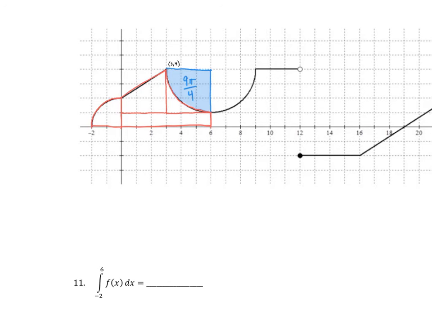Okay, so that means that since this whole square would be 9, this is 9 minus 9 pi over 4. So that's this area here: 9 minus 9 pi over 4.